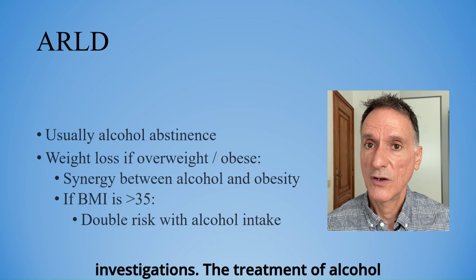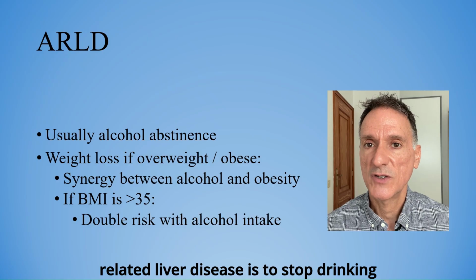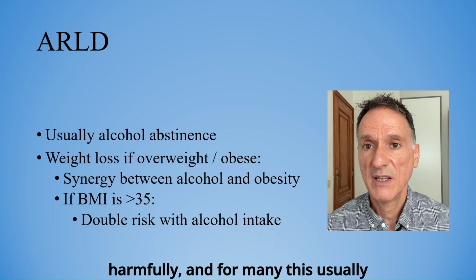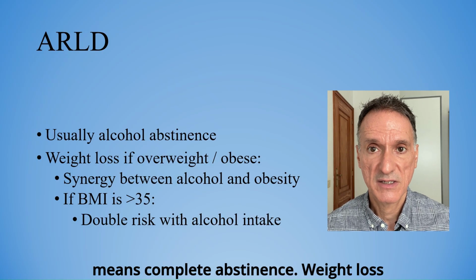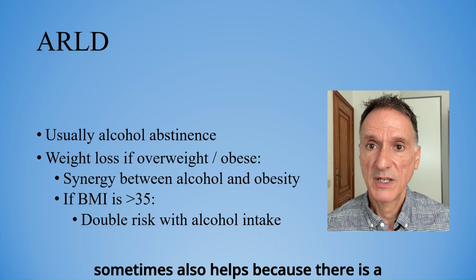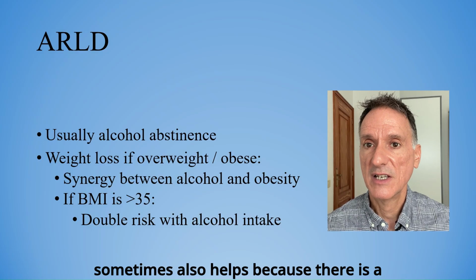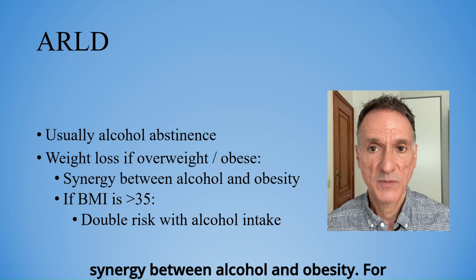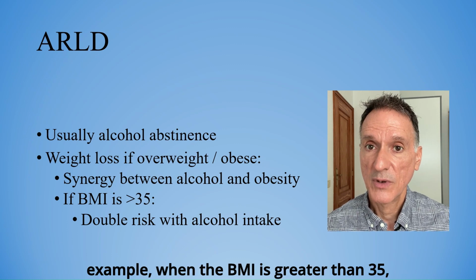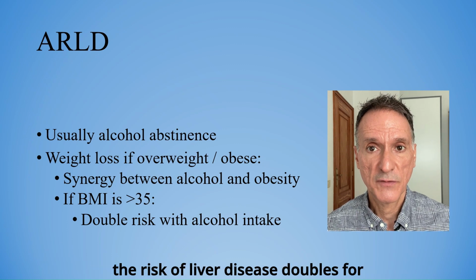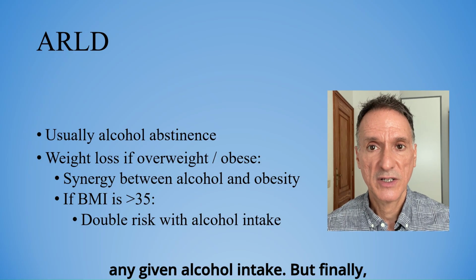The treatment of alcohol-related liver disease is to stop drinking harmfully, and for many, this usually means complete abstinence. Weight loss sometimes also helps because there is a synergy between alcohol and obesity. For example, when the BMI is greater than 35, the risk of liver disease doubles for any given alcohol intake.